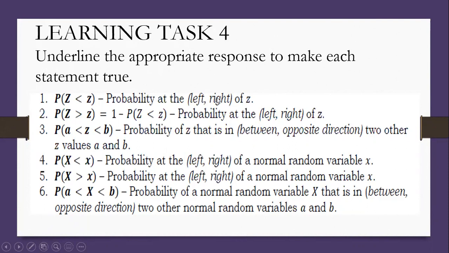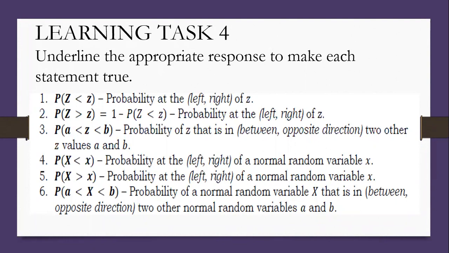Underline lang po dito ha, kung alin ang magiging sagot ninyo. O, walang solving ang gagawin, just underline kung alin yung tamang sagot for the given notation ng probability. Okay? Mababasa nyo din ito sa module. Ayan. May question kayo?